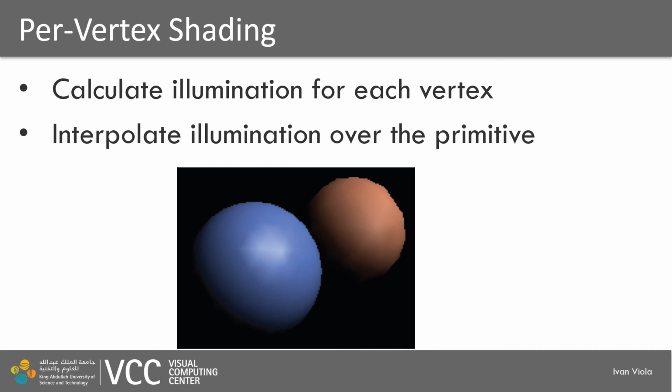In this graphics pipeline, we have mentioned that one option is to perform the per vertex lighting. This means per vertex shading. This means that our illumination, as we learned, the Blinn-Phong or the Lambertian illumination can be calculated on the vertices only of our triangles, and then it can be interpolated throughout the area of the object.